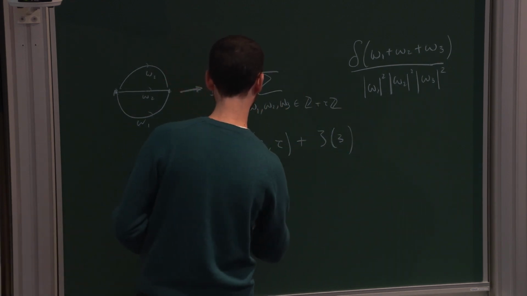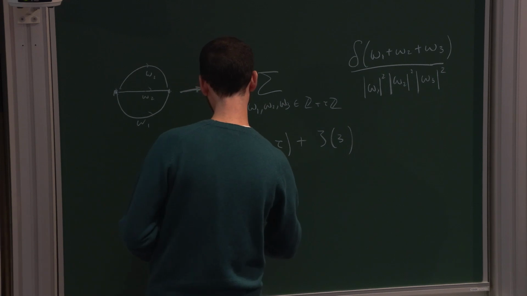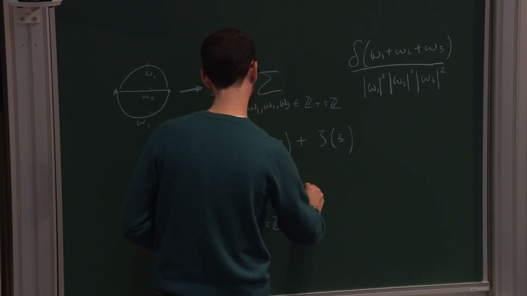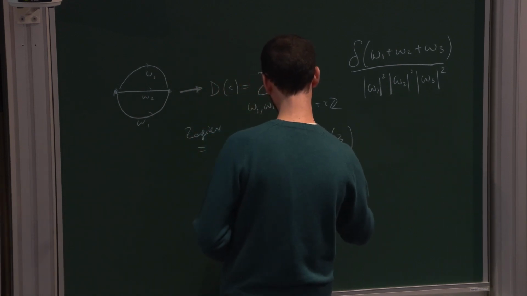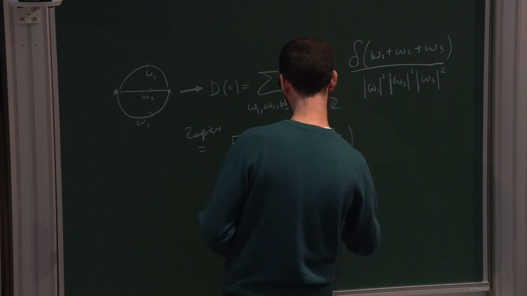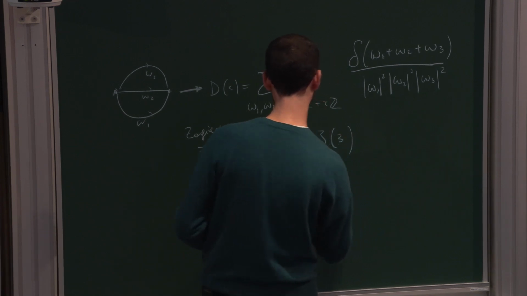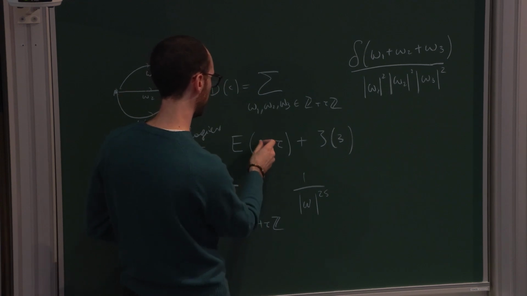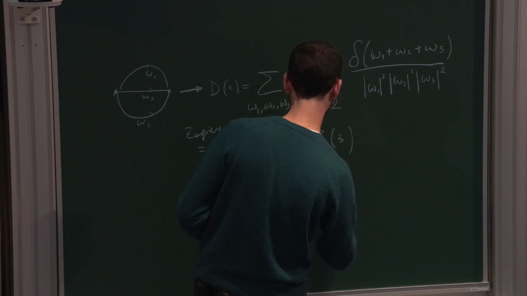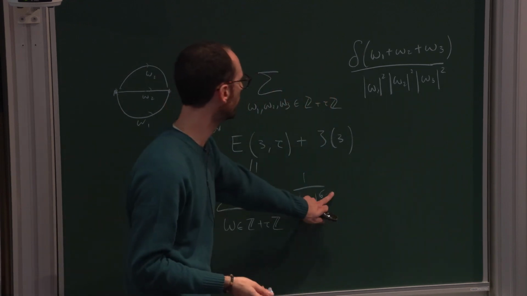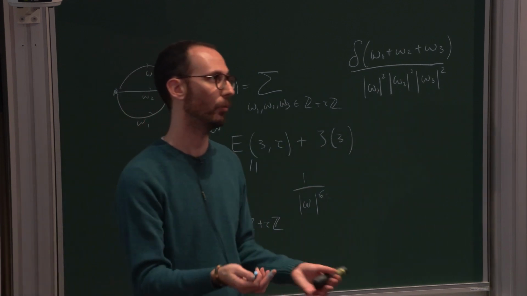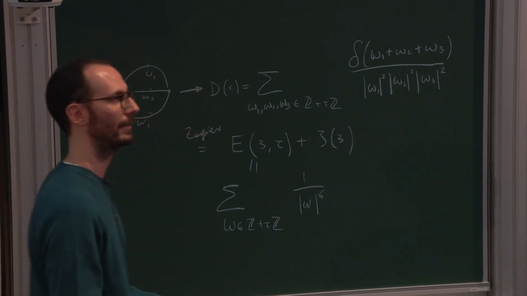Where this, let me remind you, is just a sum over omega in the lattice of 1 over omega to the 2s in general if you put here s, but then s equals 3, so this will be to the 6th. So I challenge you to prove this is equal to this plus zeta 3. You can do this. There are many ways, but it's a tricky exercise. It's not so easy.